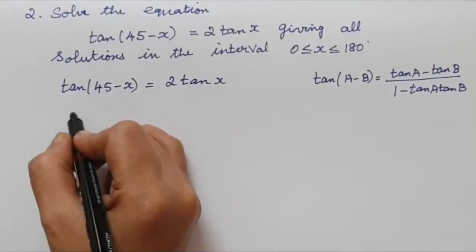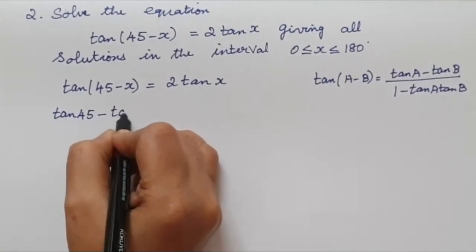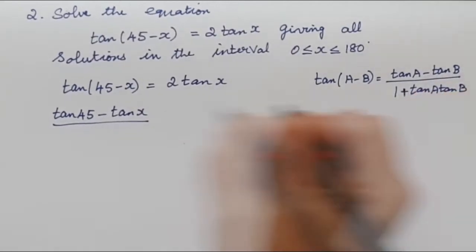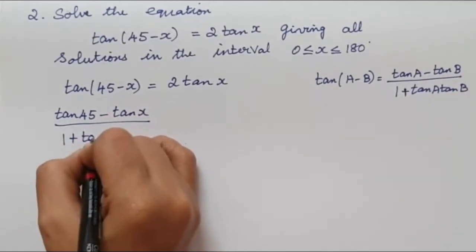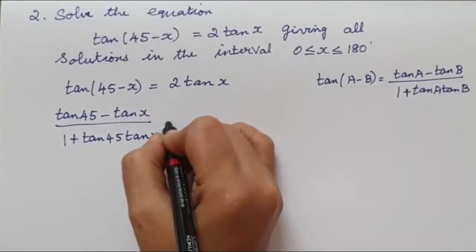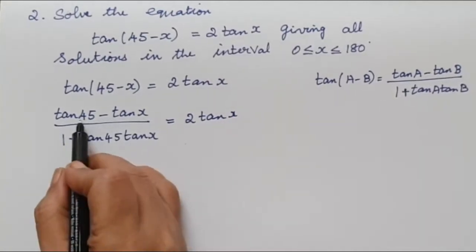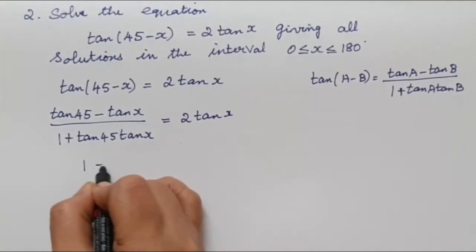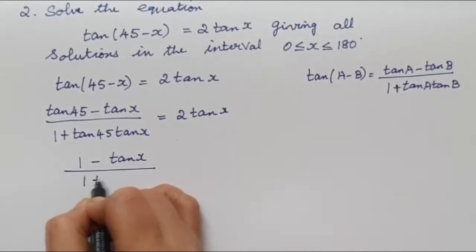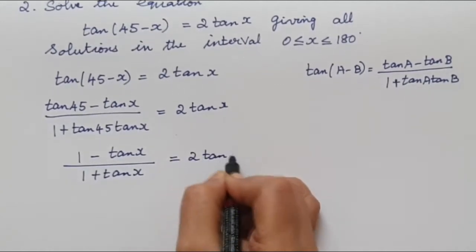Now tan(45 minus x) we'll apply it. So (tan 45 minus tan x) over (1 plus tan 45 into tan x) will be equal to 2 tan x. Now tan 45 is 1. So (1 minus tan x) over (1 plus tan x) will be equal to 2 tan x.